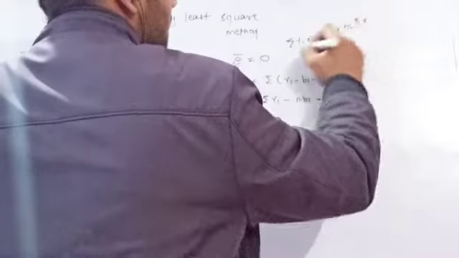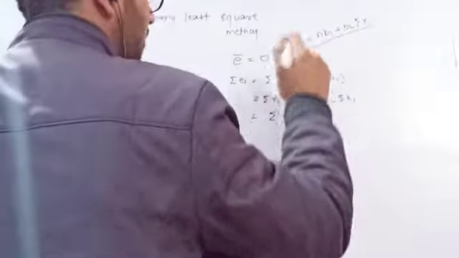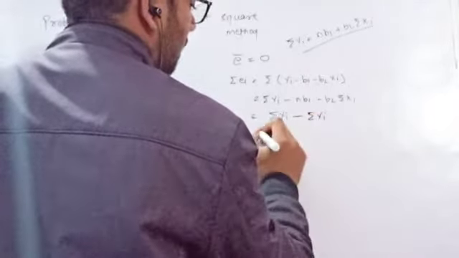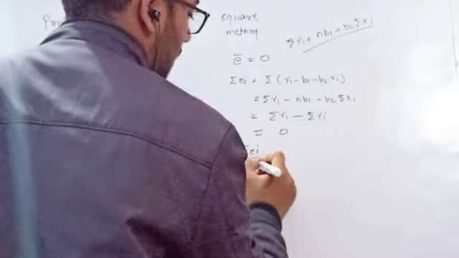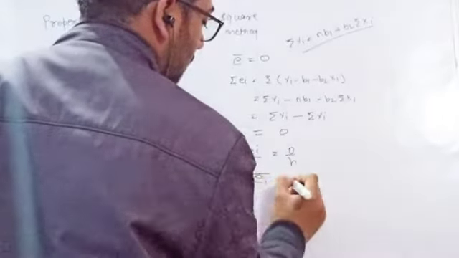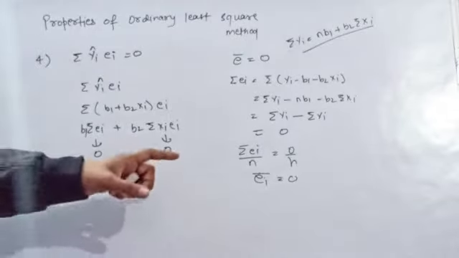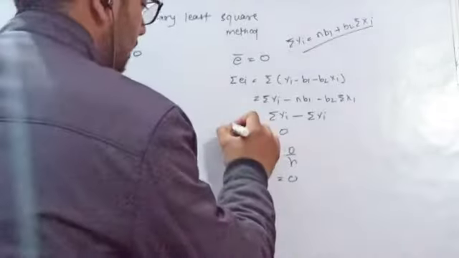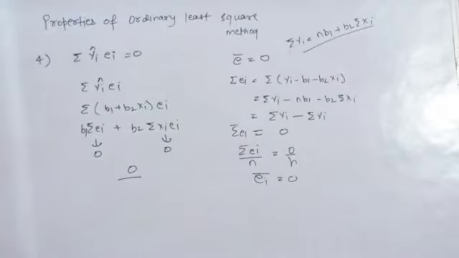From there we can write summation ei equal to 0, and dividing by n, e bar is equal to 0. So you can also prove the second property like this, and from there we also calculated that summation ei is 0.